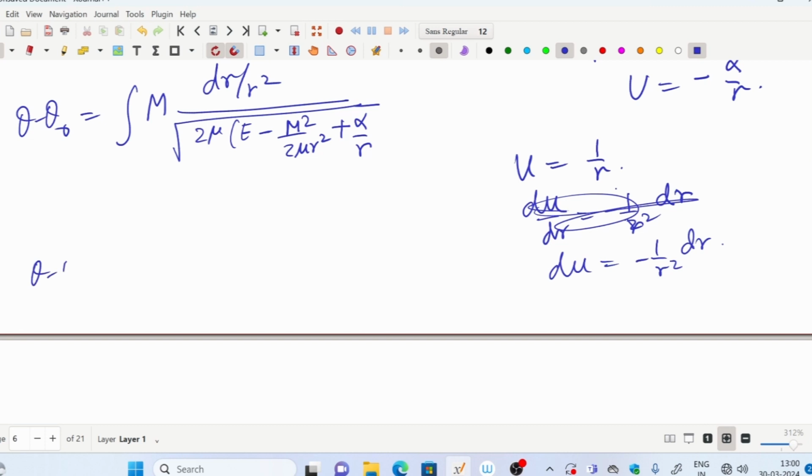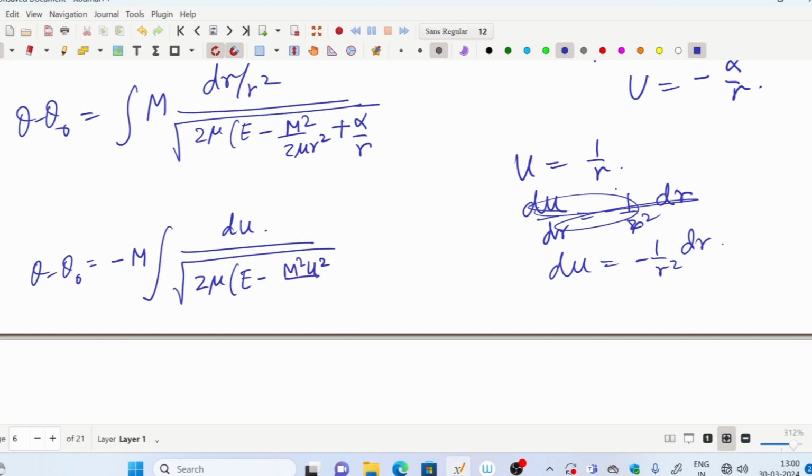So theta minus theta 0 is minus m outside, du, then root over 2 mu E, E is constant, no problem, then m square u square by 2 mu, which will get cancelled if I make it inside, plus alpha u. So this is the integration.